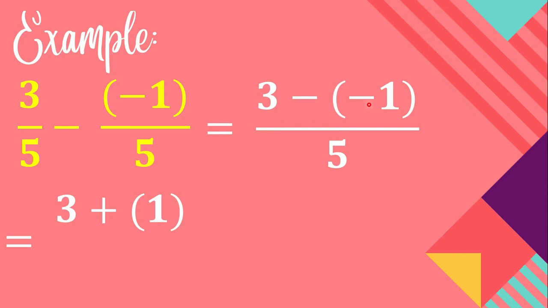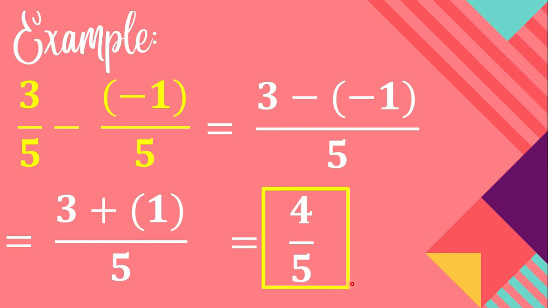Since you have negative 1, change it to its opposite sign or additive inverse, which is positive 1. And then copy your denominator, which is over 5, and then simplify. 3 plus 1 equals 4, and then copy again your denominator, which is 5. Since you cannot lowest term this one, that will be your final answer, 4 over 5.